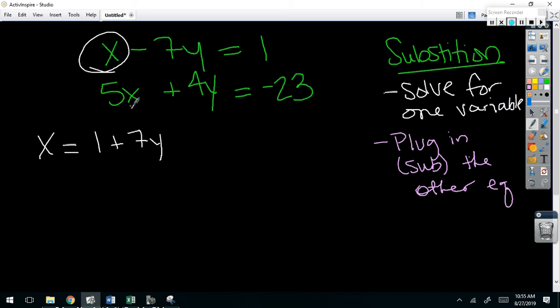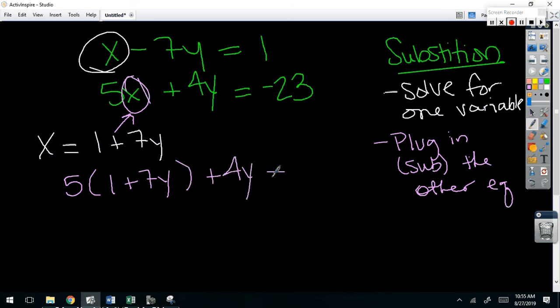So instead of x in this equation, I'm going to replace it with 1 plus 7y. You're remembering it? It's all coming back. Okay, so let's simplify and solve for y. That should be downhill for you now.